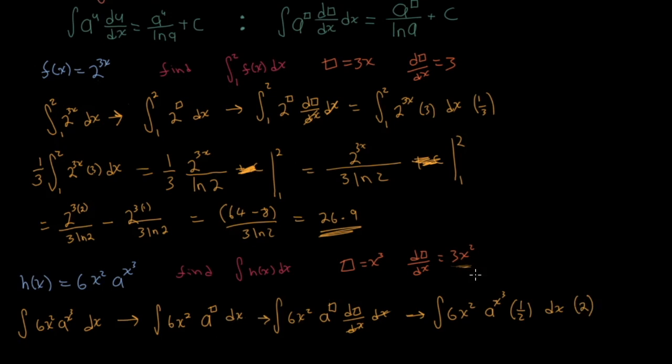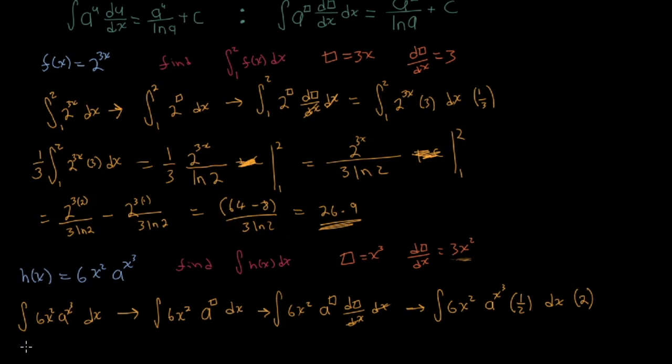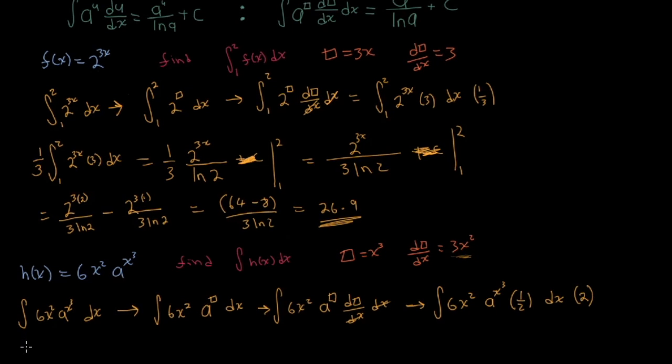So a sleight of hand that we can do is take this 2 out of the integrand. So we'll go 2 times the integral of 6x squared, or sorry, I shouldn't say 6x squared, I should make it 3x squared.